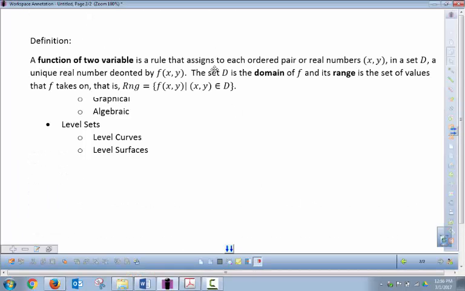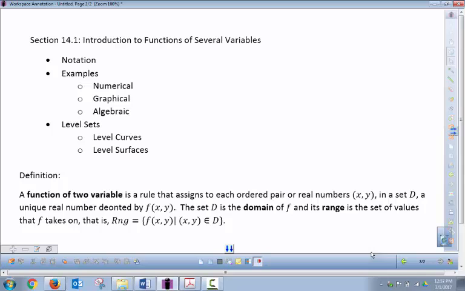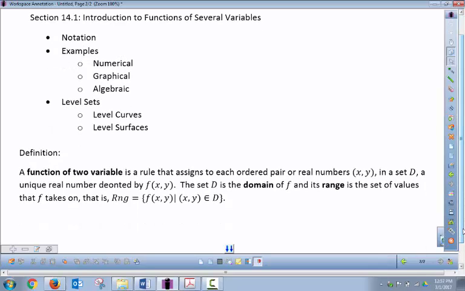The definition might look a little complicated, but let's see if we can parse through the sentences here. A function of two variables is a rule that assigns to each ordered pair a unique real number denoted by f of whatever that ordered pair is.